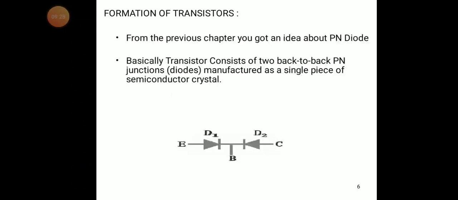These two junctions give rise to three regions. We can say that is emitter, base and collector. Whenever we combine this, what we are getting, you can see emitter E, base B, collector C. These are the three regions, and these three are the terminals for those regions.